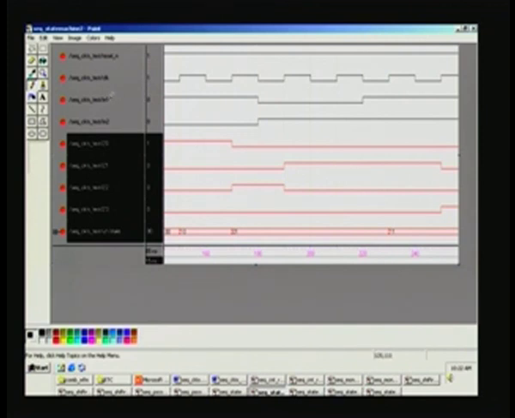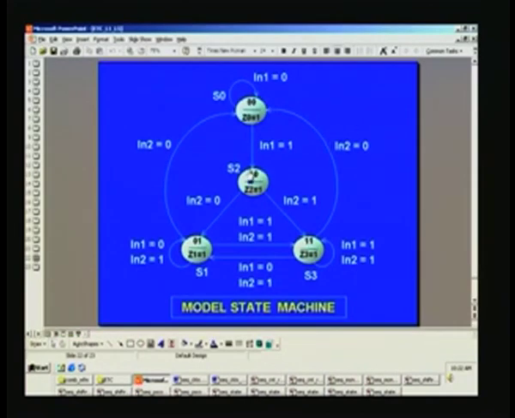Say here input is 1 and 0 here, but now it is in 1 0 state, that is S1 state. In S1 state, what will happen? in1 is 1 and in2 is 0. S1 state is here, right.